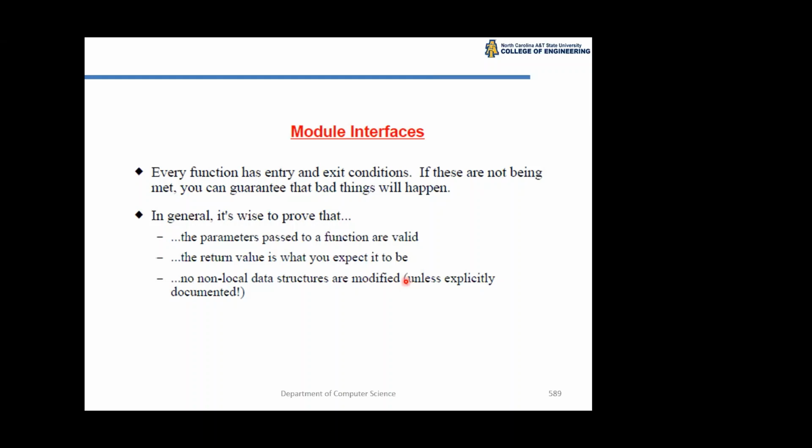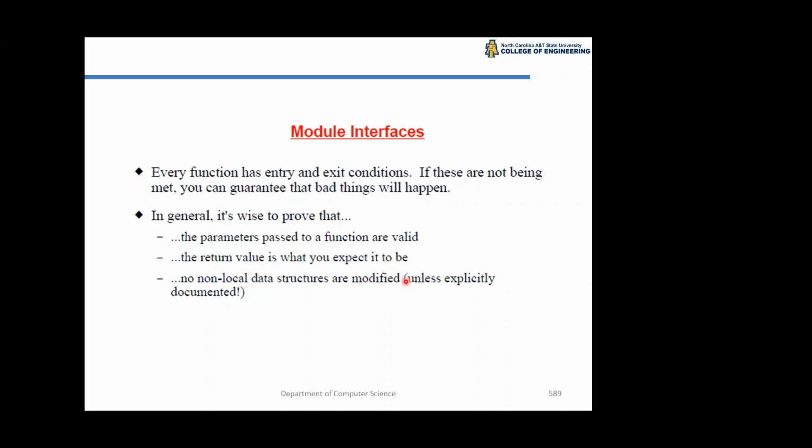So as a module interface, always try to see the entry and exit conditions. Again, a few things to consider: are the parameters passed to a function valid, what is the return value, is the return value close or equal to the expected value, and is there any change in local data structures.